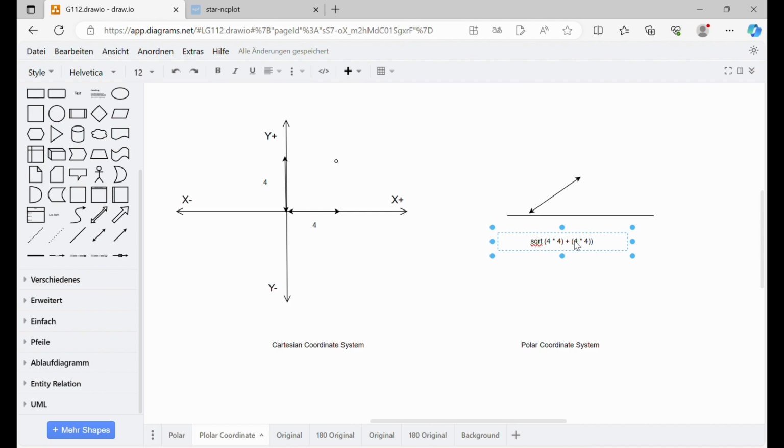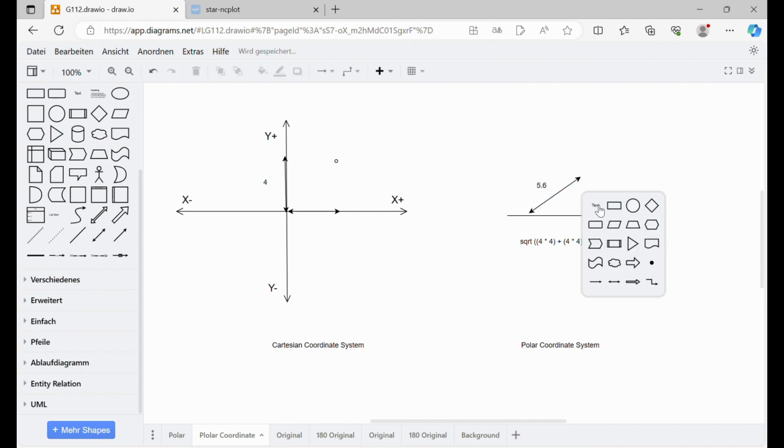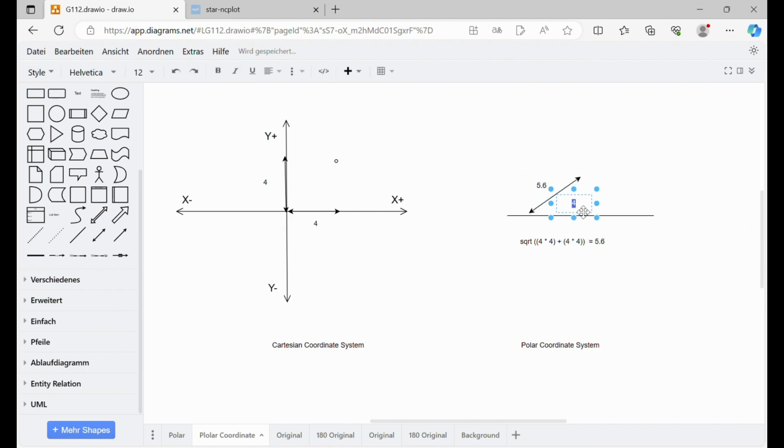Something like this equals 5.6. So we can say the same point is 5.6 and 45 degrees.